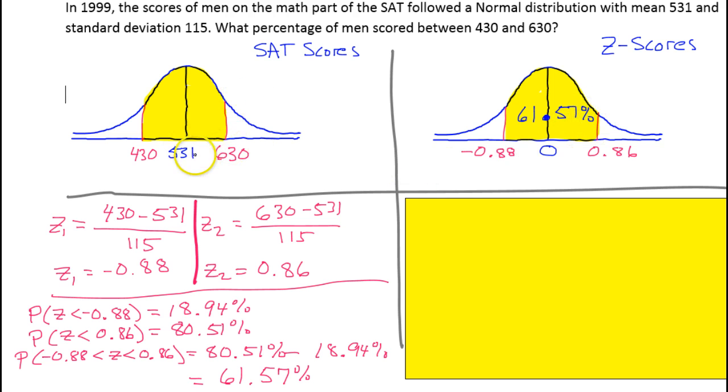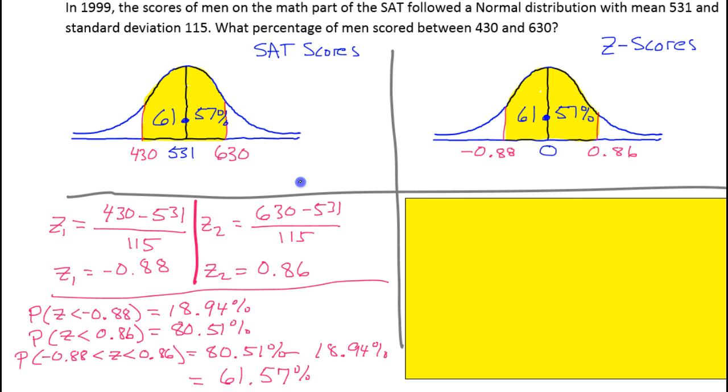That means the percent of SAT scores for the men on the math part in 1999 is the same percent. These percentages are the same. So this is also 61.57%. And that is really the answer to the question that was asked.